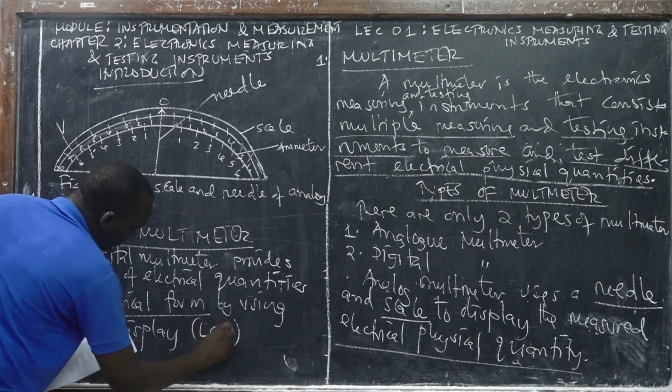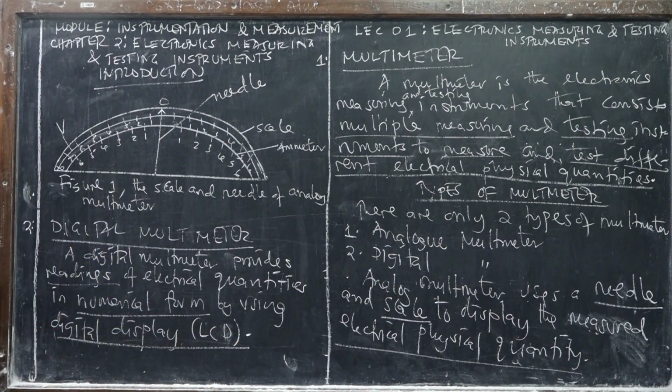LCD. So we say that a digital multimeter provides readings of measured physical quantities in numerical form by using what? Digital display. In bracket, we call it liquid crystal display or LCD.